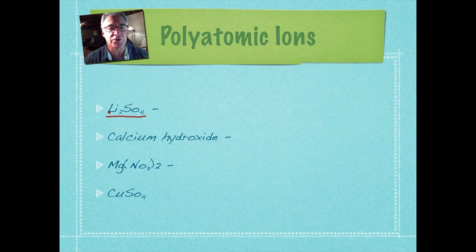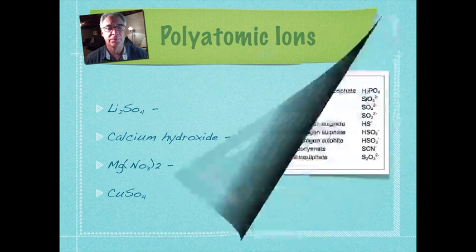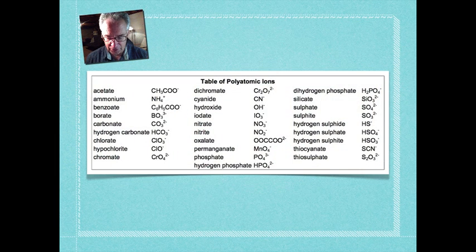And I think you pretty much know what this one is. That's lithium. But you probably don't know what this one is. If we were to look it up, SO4, it's located over here on the chart. Notice it has a -2 charge, and it's called sulfate.